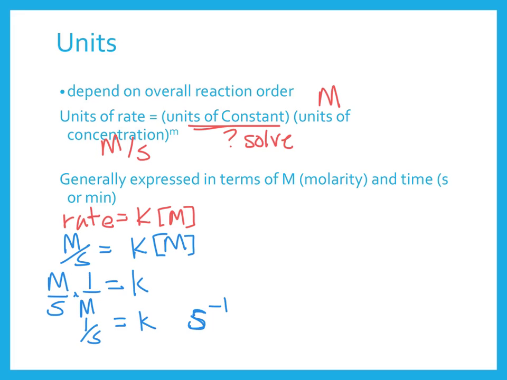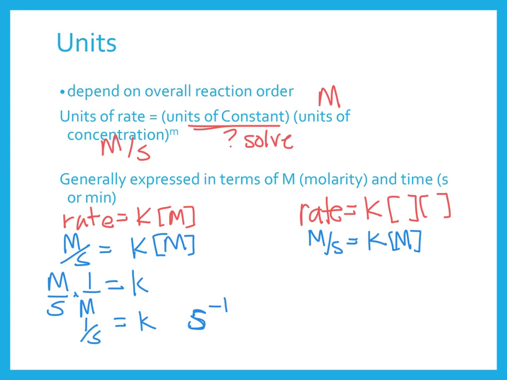You will also see 1 over seconds denoted as second to the negative 1. When they use a negative exponent, they're telling you that it goes on the bottom of the fraction. Here's a different case. If we have a second order reaction overall, so rate equals K and two substances, then when we plug in our units, our rate is molarities per second, and K is what we're looking for. We would have a concentration and a different concentration.